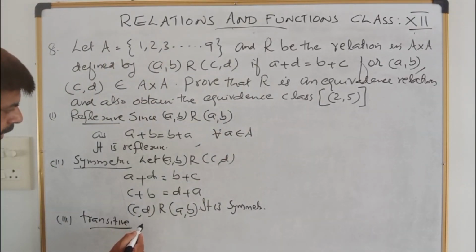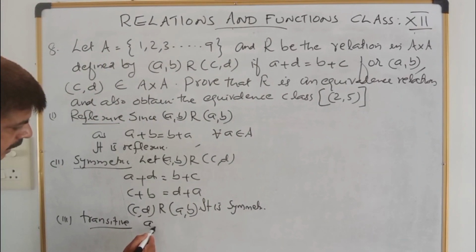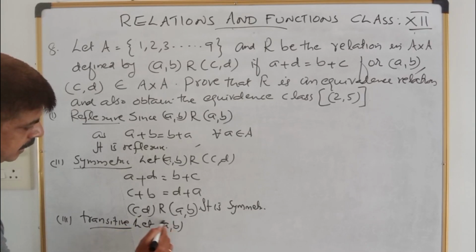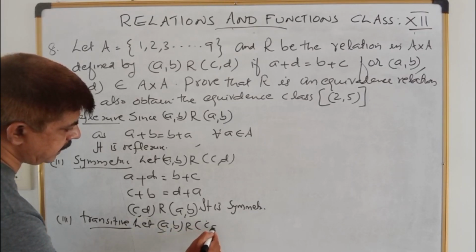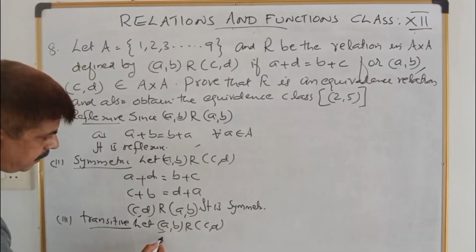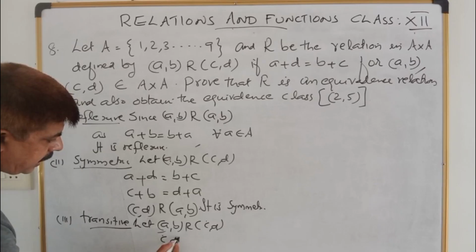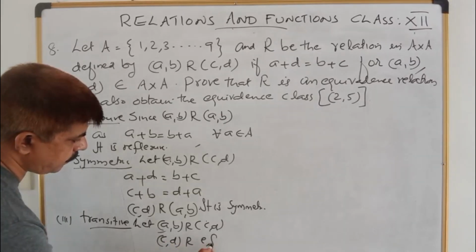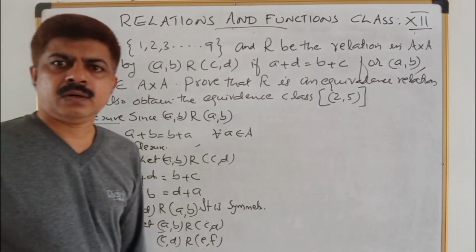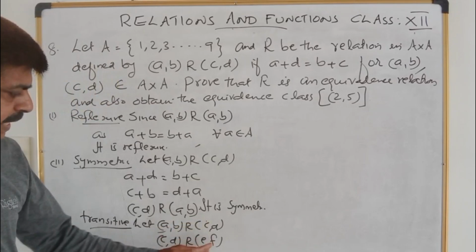Now let (a, b) be related to (c, d) and (c, d) related to (e, f).